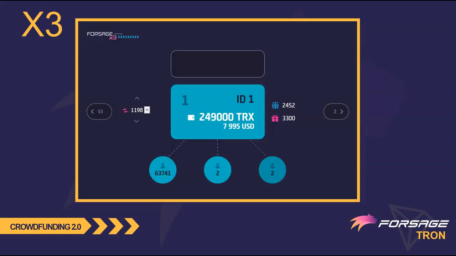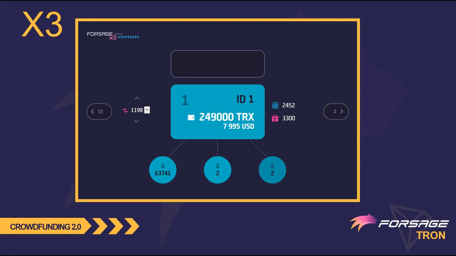Forsage maintains anonymity with its users through only identifying them with an ID number. Here you see ID number 1, which was the very first Tron-based campaign launched on the platform in September 2020. At the time of this screenshot, you can see ID number 1 received 249,000 Tron with the associated USD value.